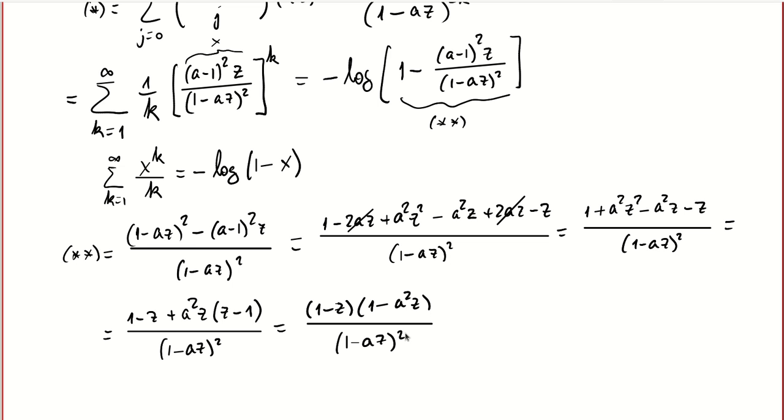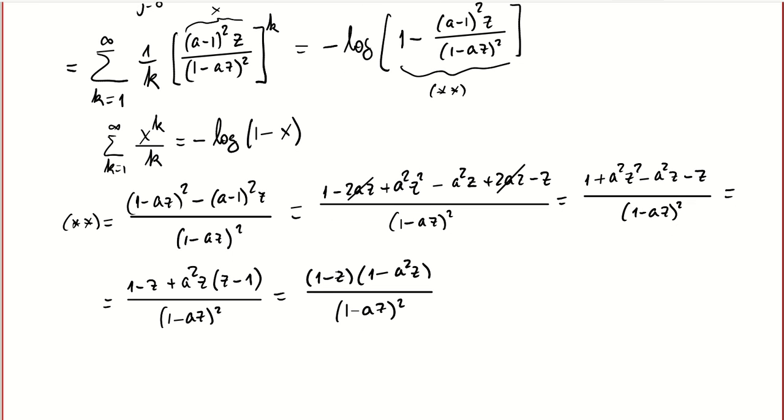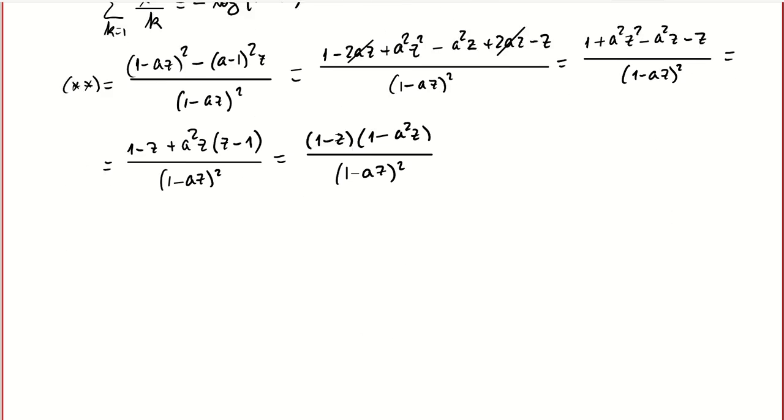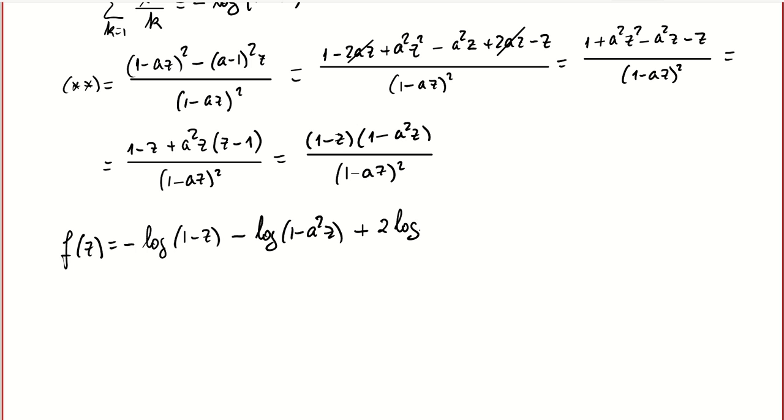This is a much better form, because it's got factors and we have a logarithm here, and the logarithm of products is the sum of logarithms. So the generating function is equal to minus the logarithm of 1 minus z, minus the logarithm of 1 minus a squared z, plus twice the logarithm of 1 minus az.